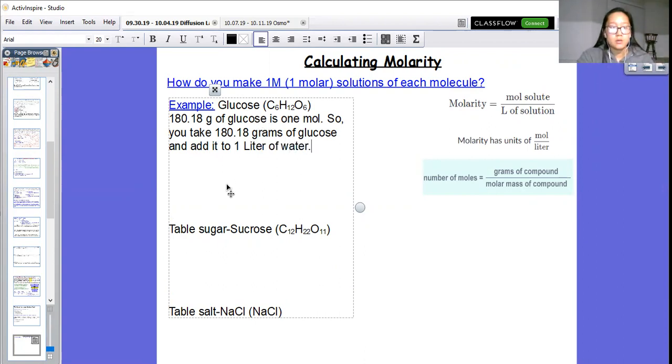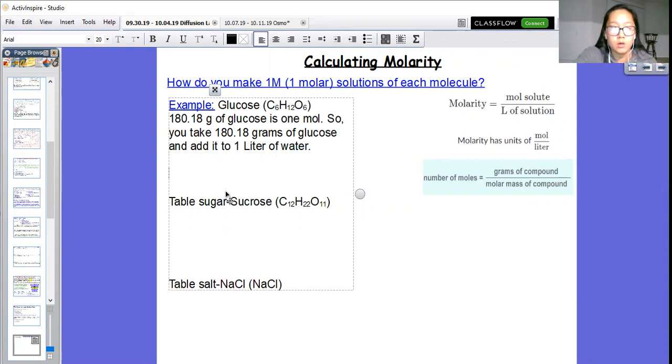That will be your solution of 1 molar, or 1 molarity solution of glucose.